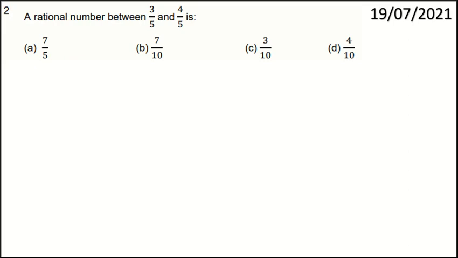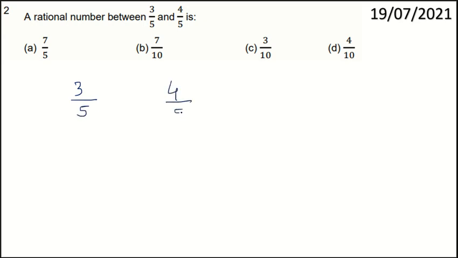Then the second question: a rational number between 3 by 5 and 4 by 5. To find rational numbers between two given rational numbers, we have some techniques. If it is a fraction, we need to bring it to the same denominator.